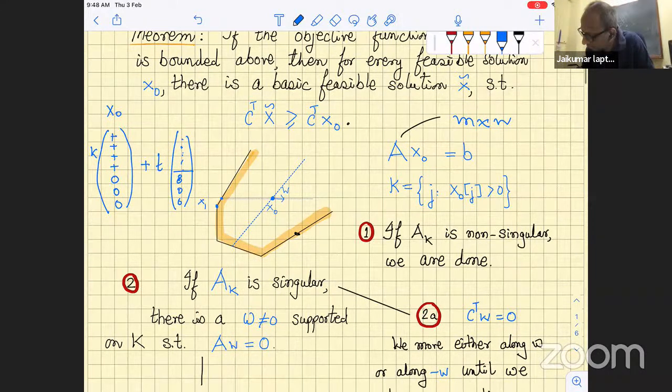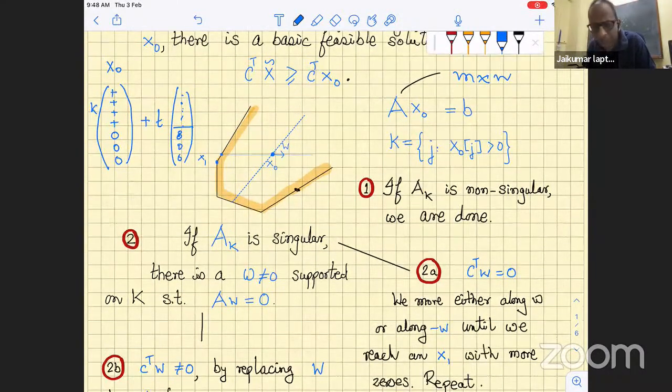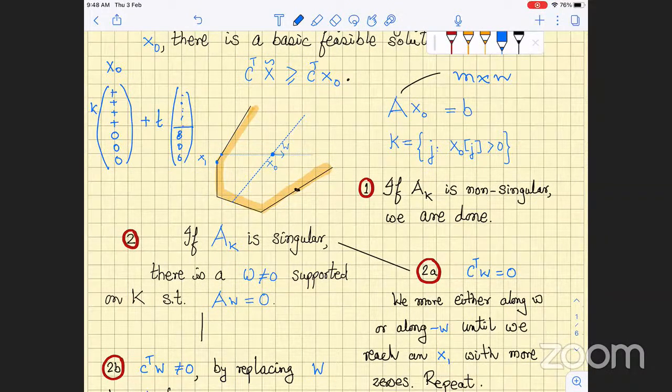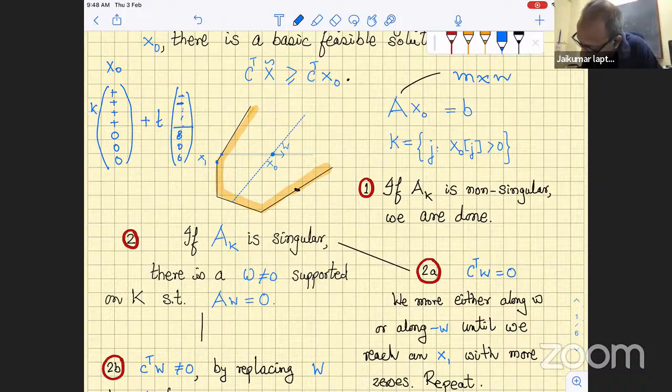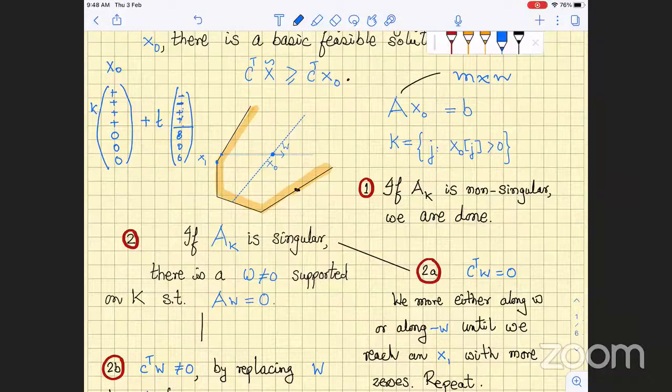But in 2a, w and minus w have the same status because both of them are orthogonal to C. So we will adjust w so that these numbers become negative. Let us say we just ensure that at least one coordinate is negative.